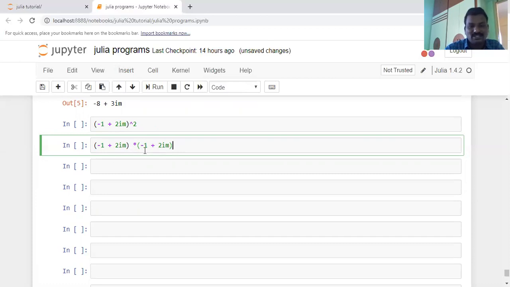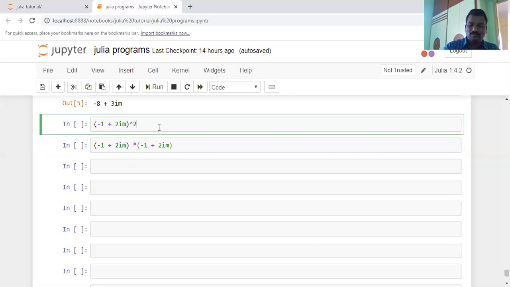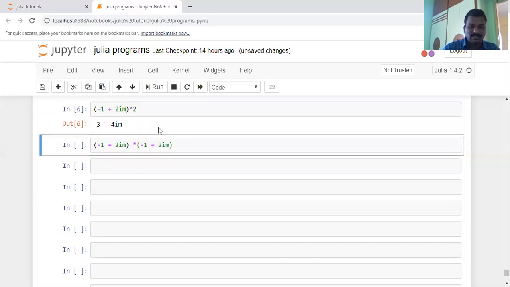Here minus 1 into minus 1, and then minus 1 into 2im, 2im into minus 1, and 2im into 2im. In this way you are performing it, that means the power here, and the result gives minus 3 plus some information here.